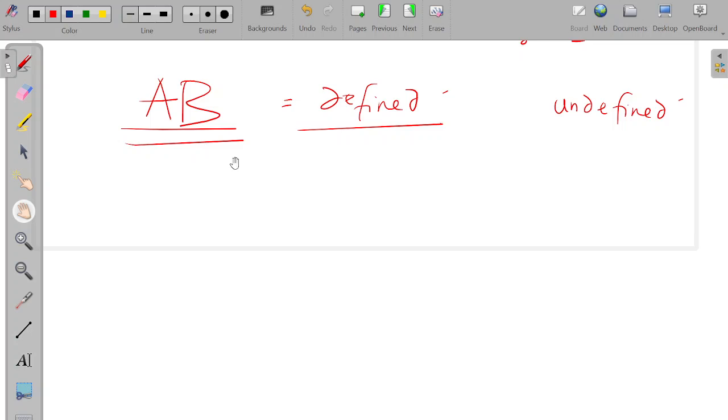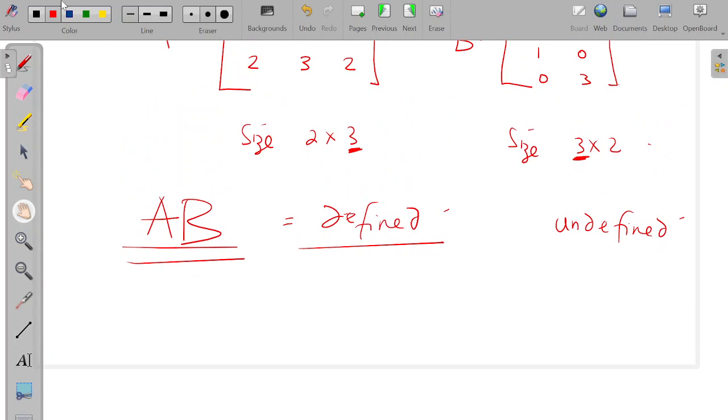Okay, so now I give you this. I will give B multiplied by A. I'm multiplying B by A. What is the size of B? 3 by 2. What is the size of A? 2 by 3. Is this operation defined?